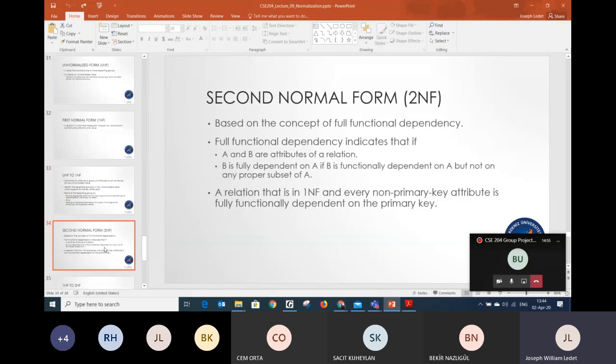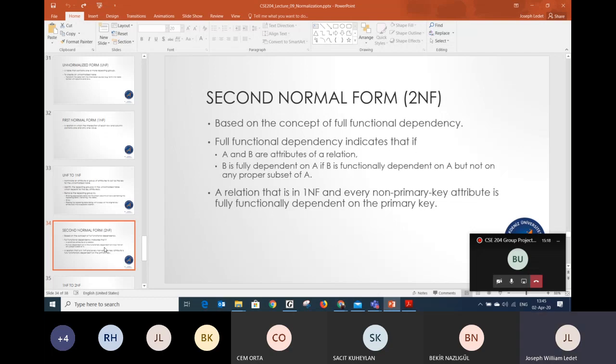Getting into second normal form, this was basically the whole full functional dependency. Every column in any table that's in second normal form is either going to be part of the primary key, or it's going to be fully functionally dependent on the primary key.